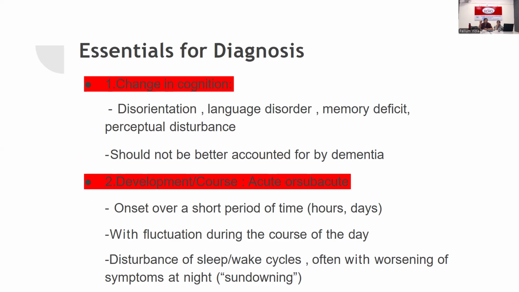Perceptual disturbance. And one thing is it should not be accounted for by dementia. How can we differentiate delirium from dementia? In the end, we'll come to that. All these things are very common with dementia also, but we'll discuss how it differs from delirium.